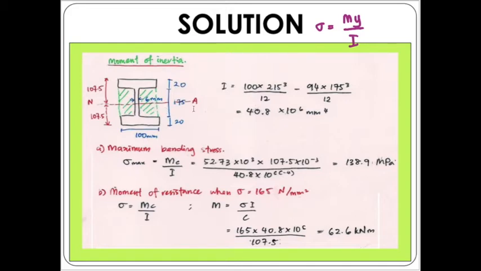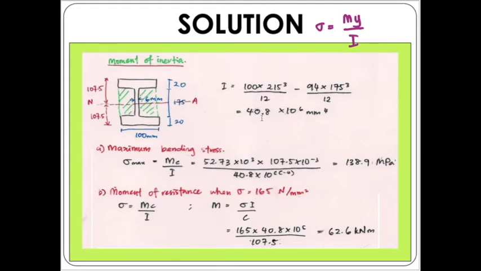However, this method is only applicable if we have a symmetrical section. If it is not a symmetrical section, you have to use the equation that uses the values of area as well as the distance to the centroid.